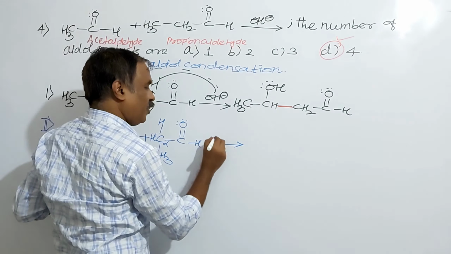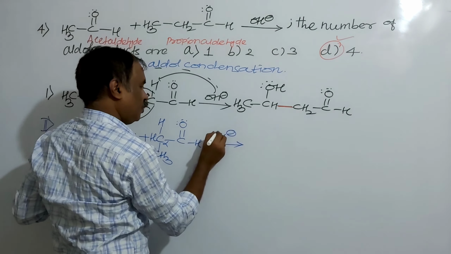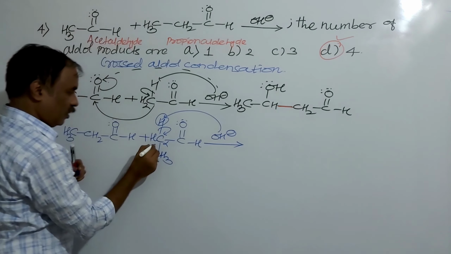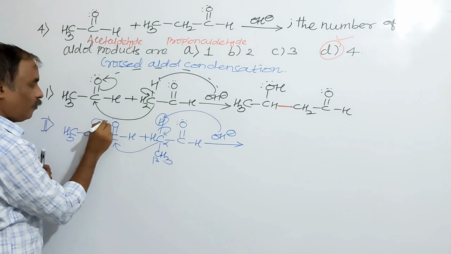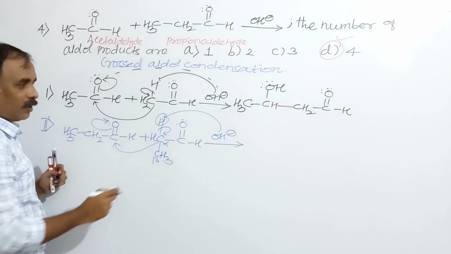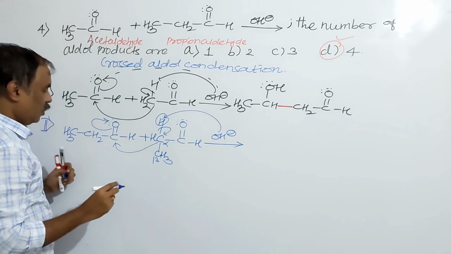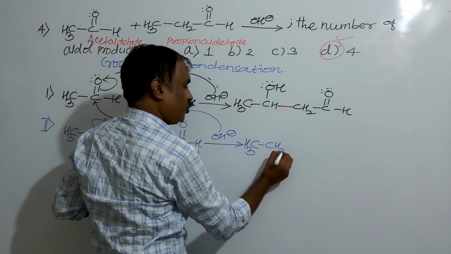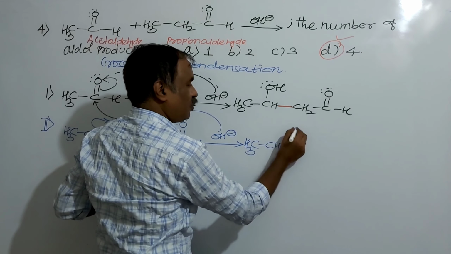Again reaction with the base OH minus: this OH minus will take a proton, formation of carbanion, attack of carbanion, breaking the pi bond, shifting like this, and H from H2O to here, and here formation of CH3, CH2, CHOH.